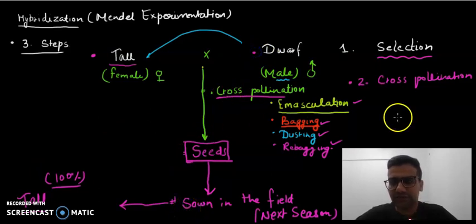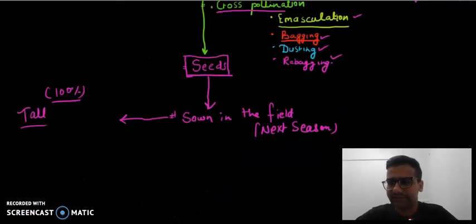Then these first progenies were again collected by Mendel. He collected these plants and did restricted self-fertilization.